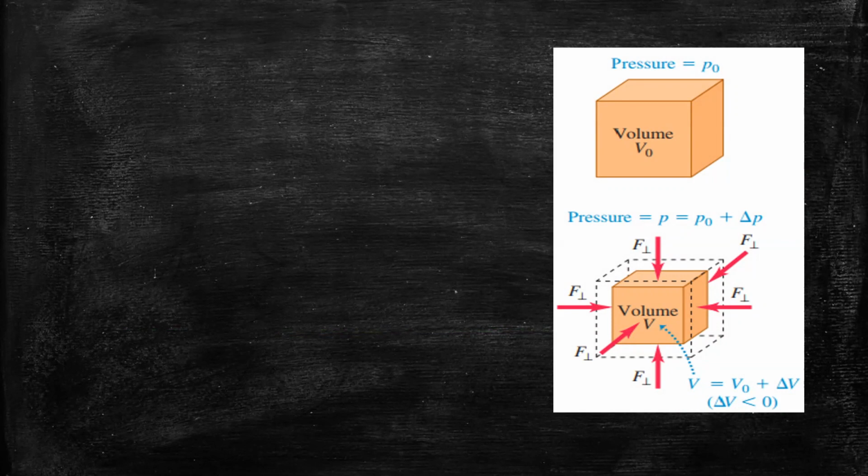In this scenario, the stress is uniformly applied on all sides or surfaces of our body, resulting in a deformation not in length, but in volume. So we use the terms bulk stress or volume stress and bulk strain to describe these quantities.